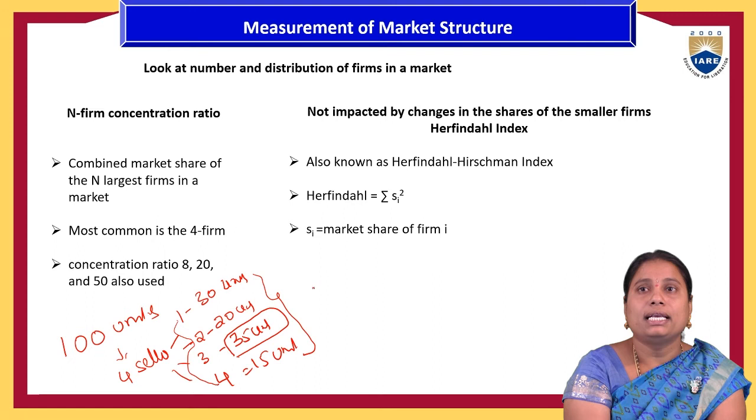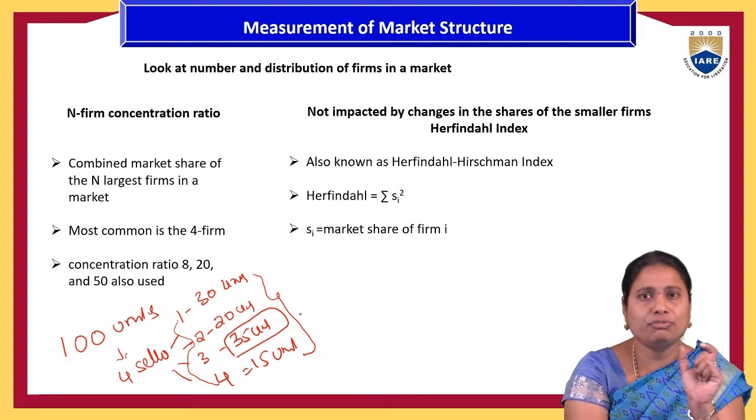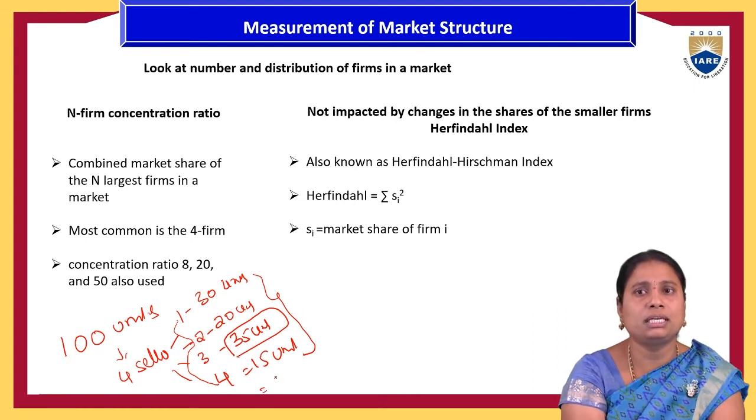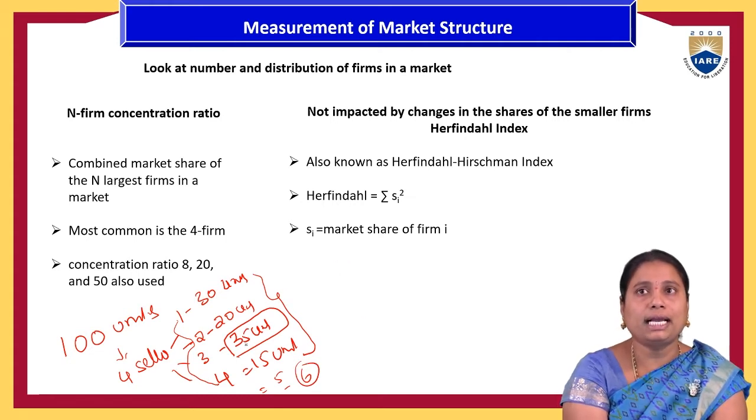Next, if it is not possible, or the measure is not impacted by changes in the shares of the smaller firms, for instance one person selling 5 units and another selling 6 units, in those cases they can use the second method of measuring market share, which is called the Herfindahl-Hirschman Index.